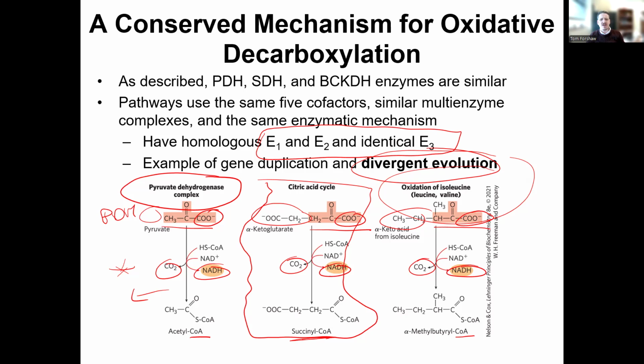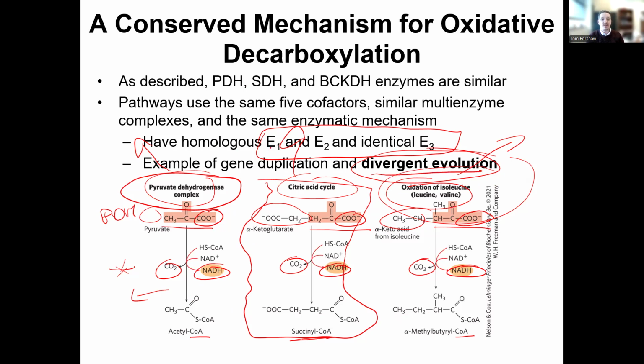So maybe there was some sort of dehydrogenase complex enzyme that catalyzed one type of reaction, but it duplicated three times, creating three potentially identical duplicates of these three enzymes. But then independently, they evolved different functions and became PDH, BCKDH, things like that. So that's likely how these came about.